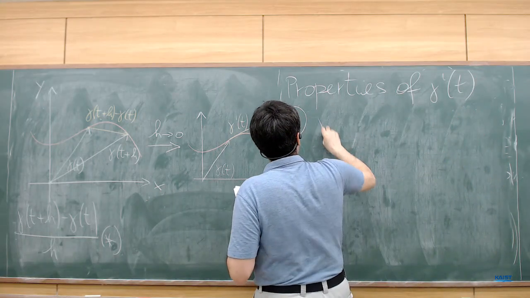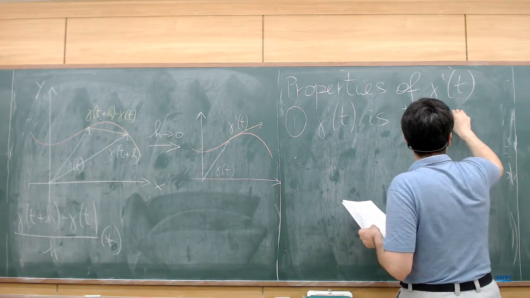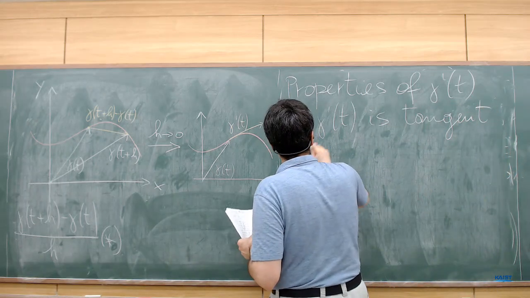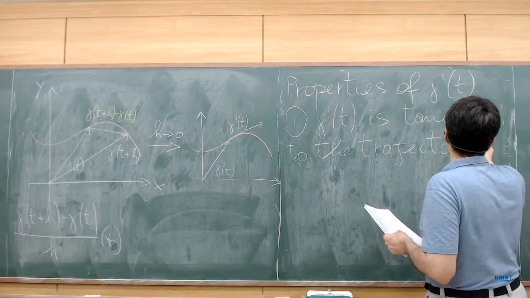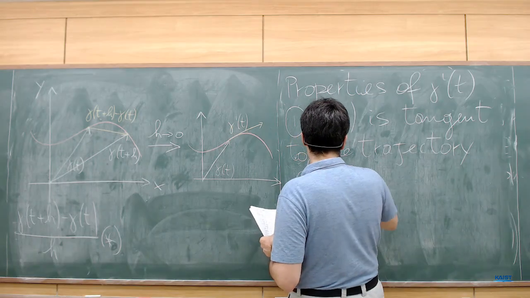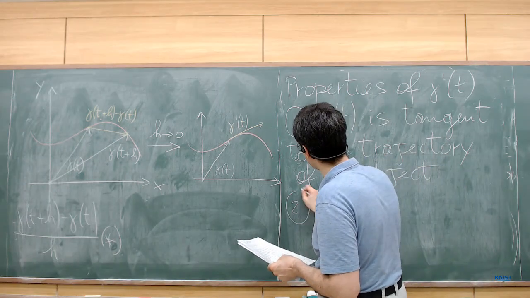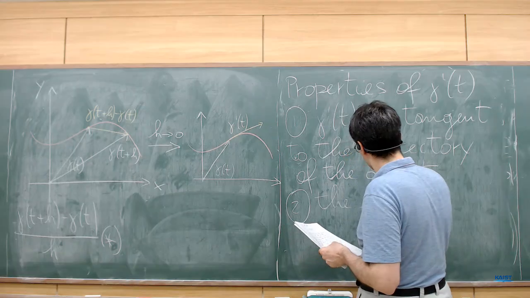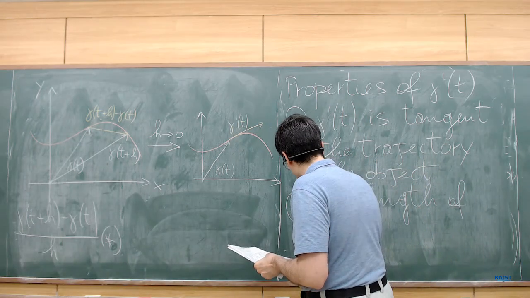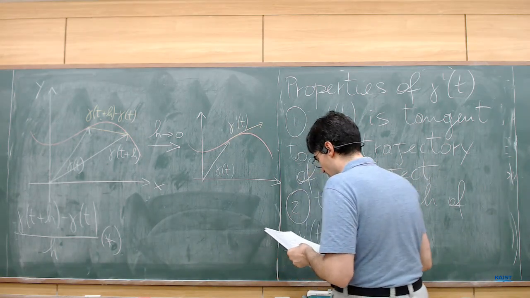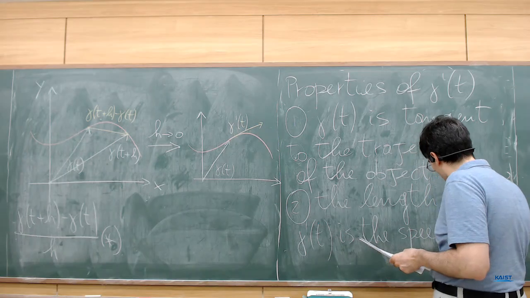One, gamma prime t is tangent to the trajectory of the object, and two, the length of gamma prime of t is the speed of the object.